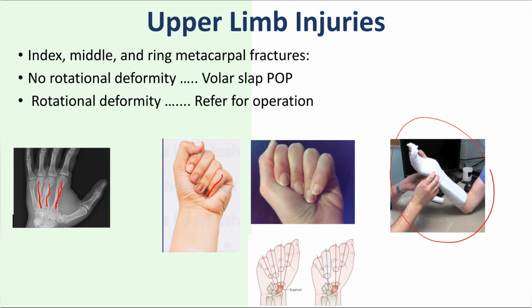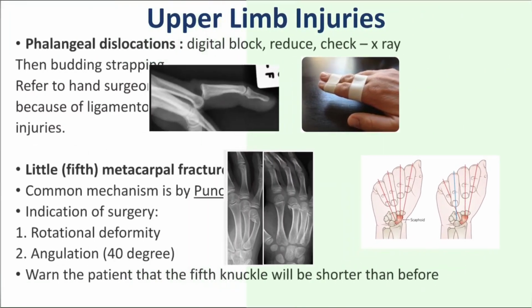The direction of all the fingers should point to one point. But if the fingers are directed to one point and one finger is directed to another area, as in this example, then you have to refer the patient for operation. Refer the patient to orthopedic or to the plastic surgeon.